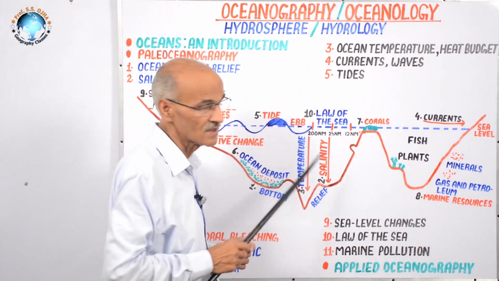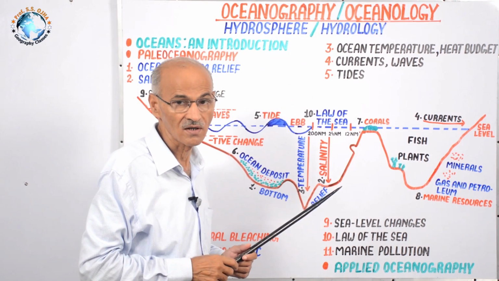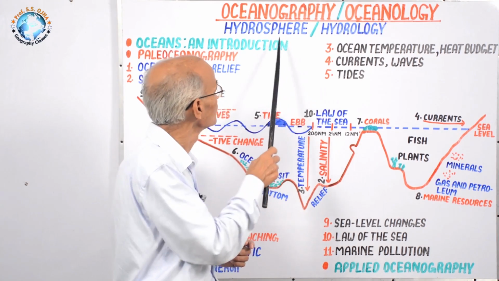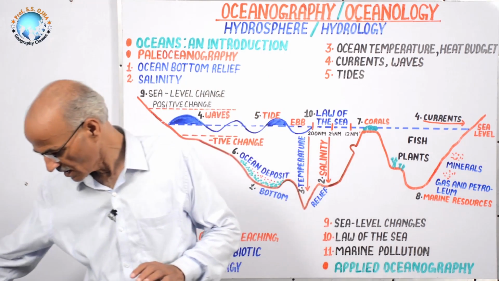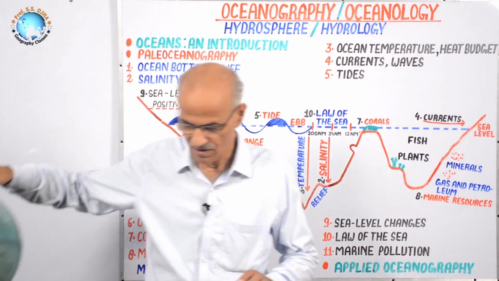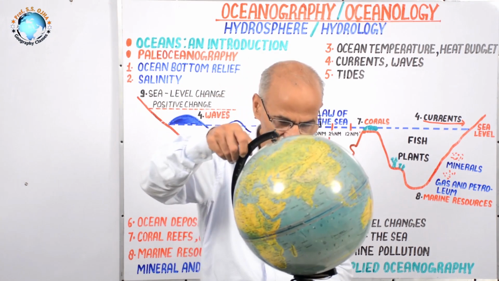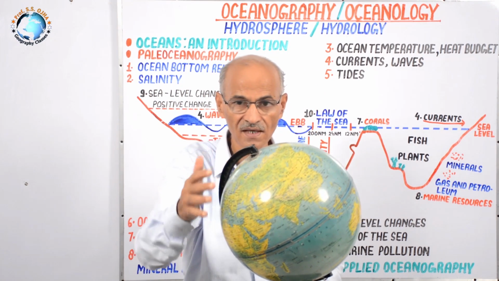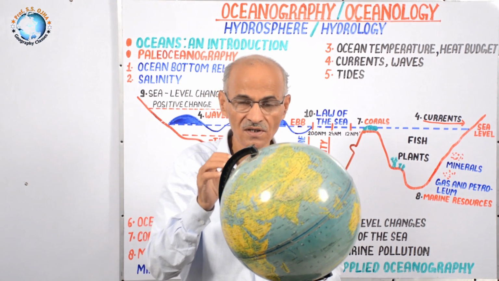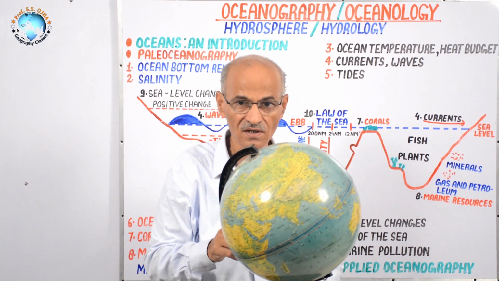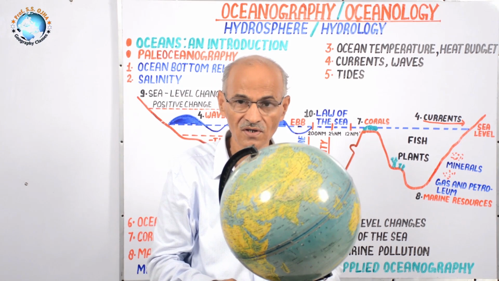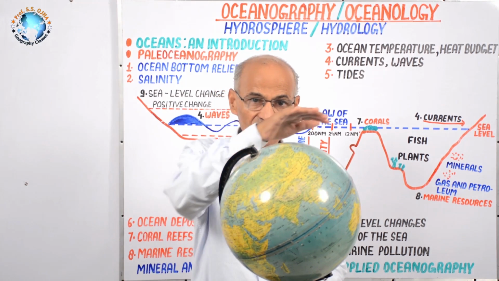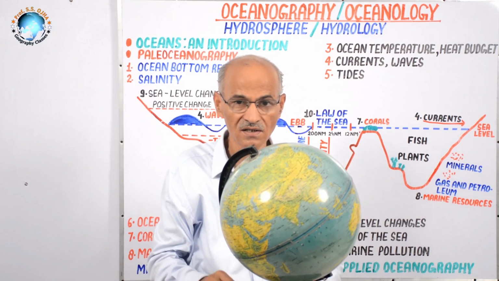Undoubtedly, hydrosphere is a very wide and broad term because hydrosphere is the study of water in all states everywhere, and water is present in liquid form in oceans, rivers, lakes, groundwater or subsurface water. Water is also found in solid state in high altitude mountains and high latitudes.